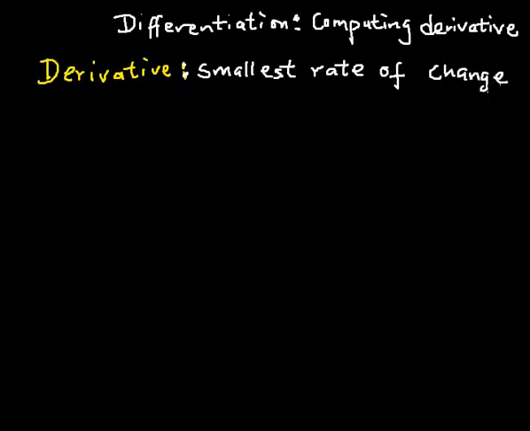So if y is a function of x and I'm asked to get the derivative of this function, all I need is the smallest rate of change of y with respect to x.